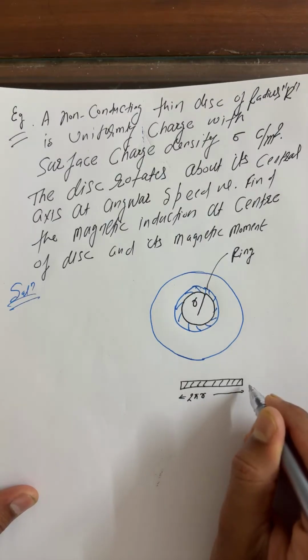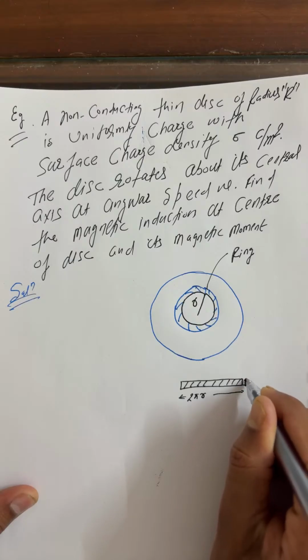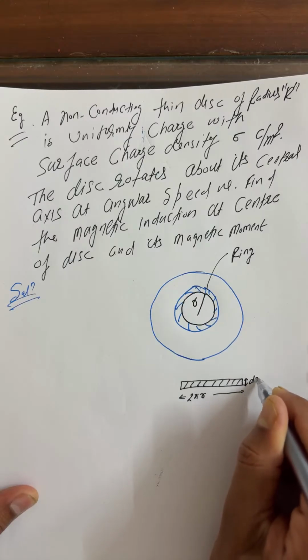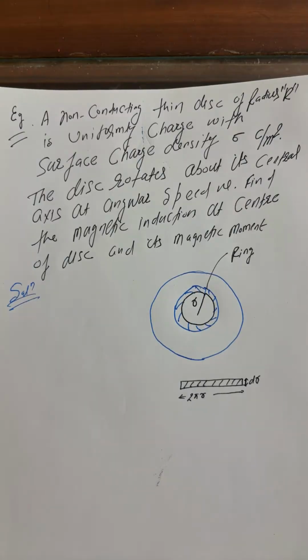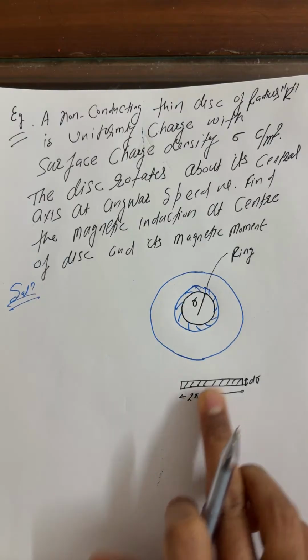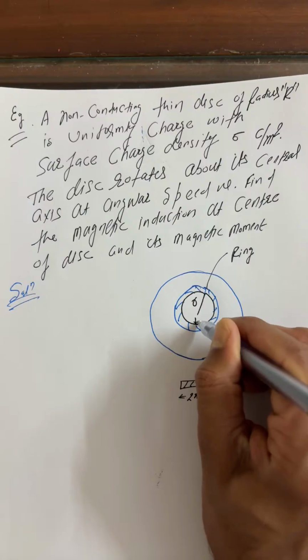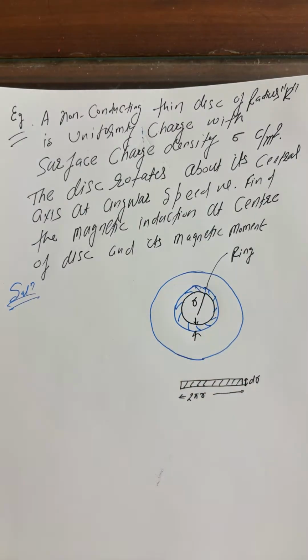And what is the width of the ring? This is dr. The circumference is equal to the length of the rectangle, and the width, as usual, is dr. Okay, fine.